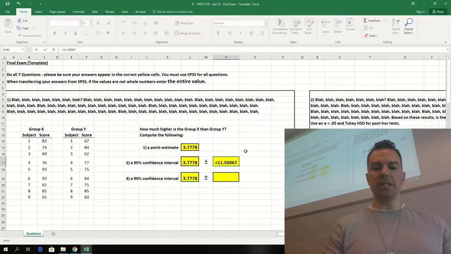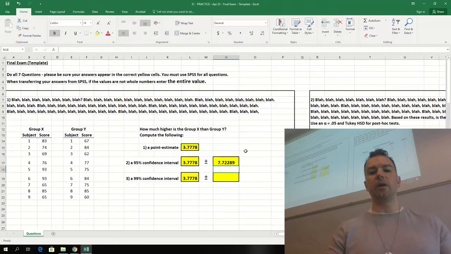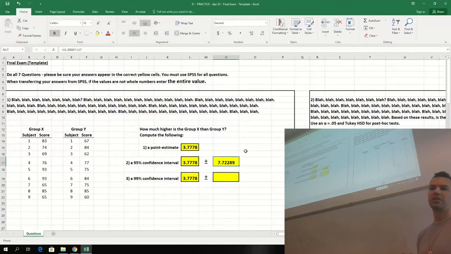If you take that minus your center point, your point estimate, that will give you the length of the arms every single time. So you can take this minus this, or you can take this minus this, or you can take this minus this divided by 2. There's a number of different ways, whatever way kind of makes sense to you. But I just go, because I'm in the habit of it, upper minus middle.